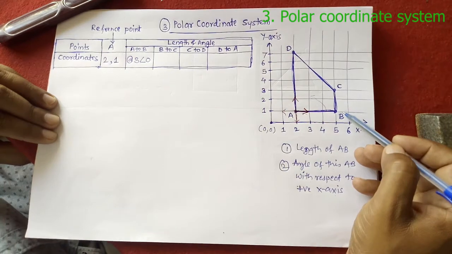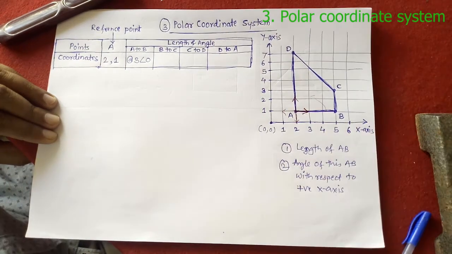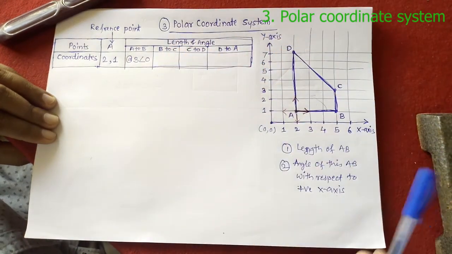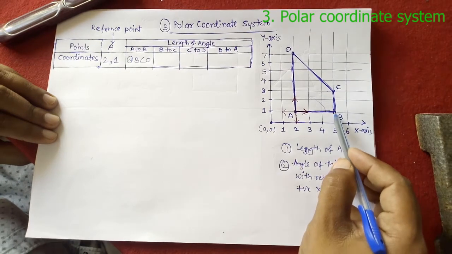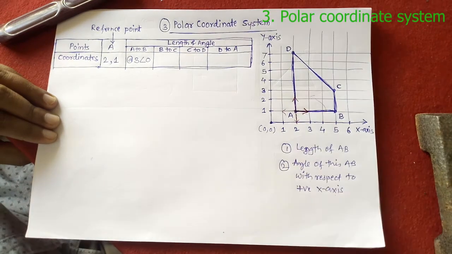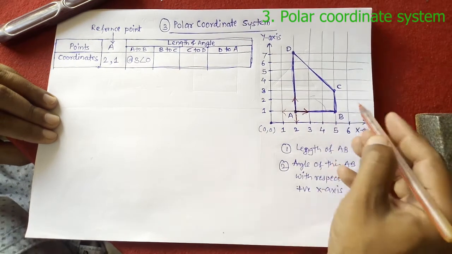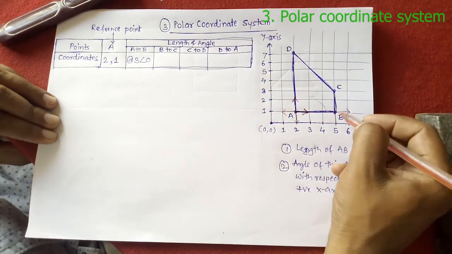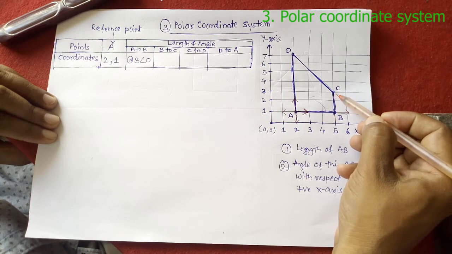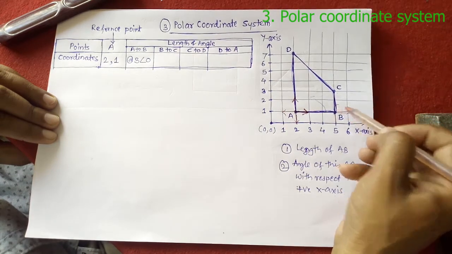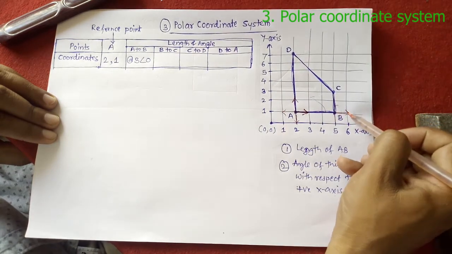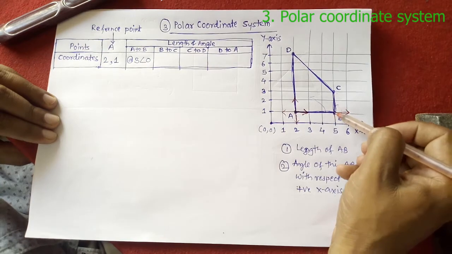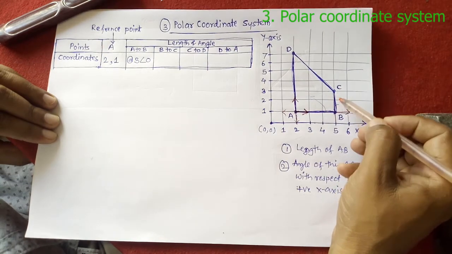Next, to draw the line B to C in polar coordinate system, we must consider this B as a reference origin now. So let us consider B as a reference origin and calculate the length of B to C line and angle of B to C line with the positive x axis. So length of B to C line is 1 unit, 2 unit.